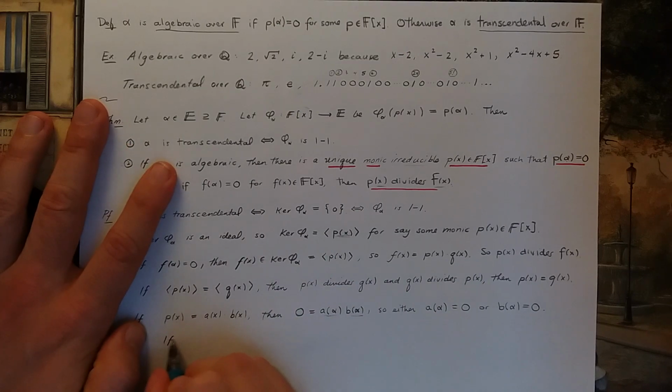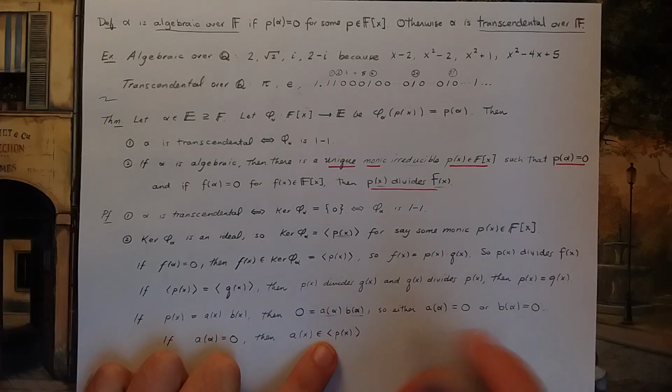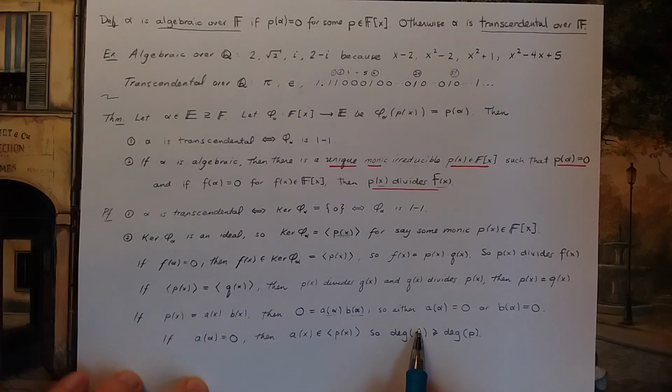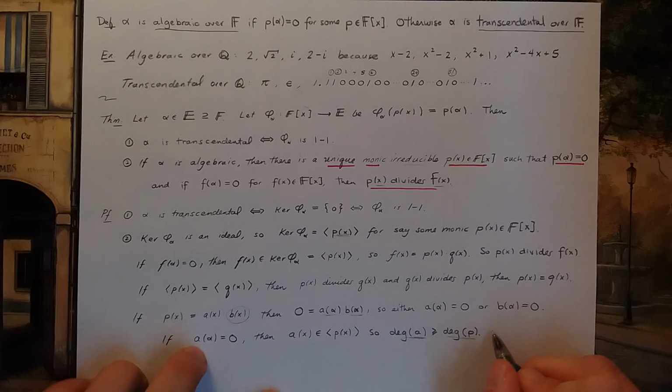So if, let's say, a of alpha is 0, then a of x is in the ideal generated by p of x, meaning the degree of a has to be at least that of p. So the degree of a is bigger than or equal to the degree of p, but the only way that can happen, since p is a times b, is if the degree of a is actually equal to the degree of p, in which case b has to be a unit.